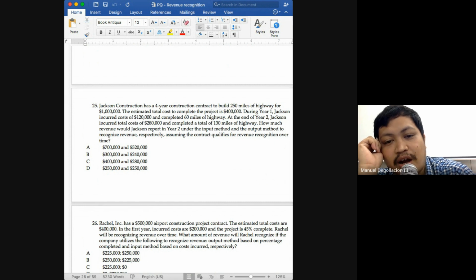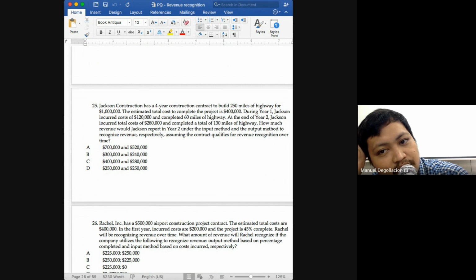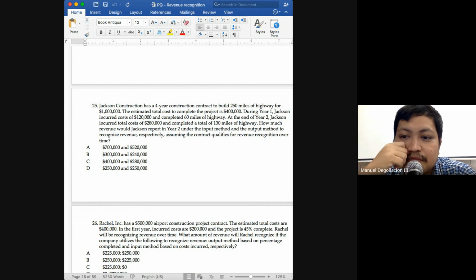For your answer to be letter C, your interpretation of the 280 here, since it uses the word total cost, is that this is already the cost incurred to date, so the 280 already includes the 120.